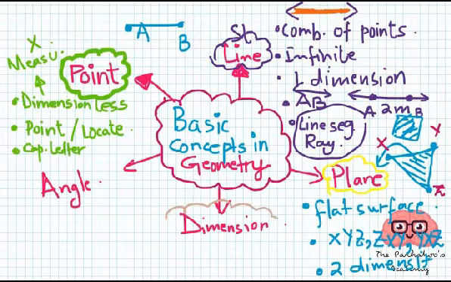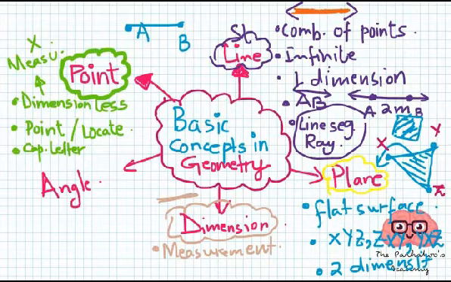So the word dimension is being used so much. So let's see what actually dimension is. Dimension is nothing but the measurement which is required to measure a quantity or an object. For example, if you want to measure a line, you require one value to completely measure it. For example, this is 1 centimeter. So this is one dimensional. If you want to measure a square, you require two values to measure it.